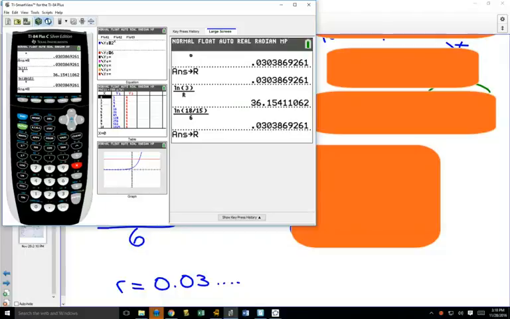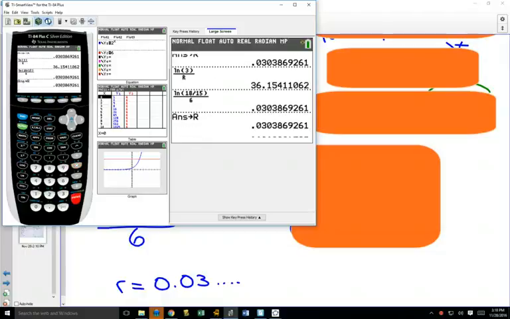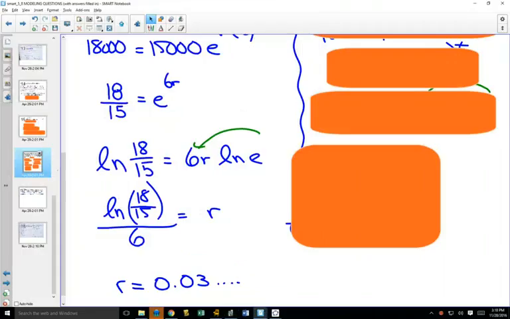We normally use X, but since it's already got a letter, it's going to be easy to remember. So how do I store as a different one? I use the alpha key, which gets me to all my letters, and R was above the X. So now I've kept all of those decimal places and stored my value as R.